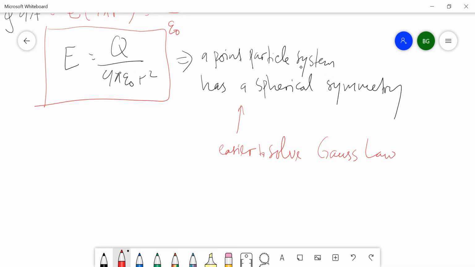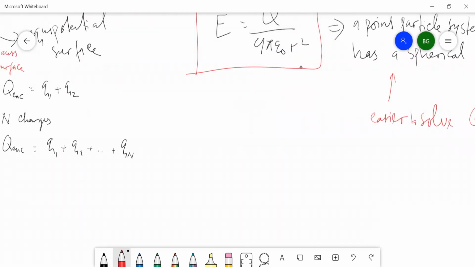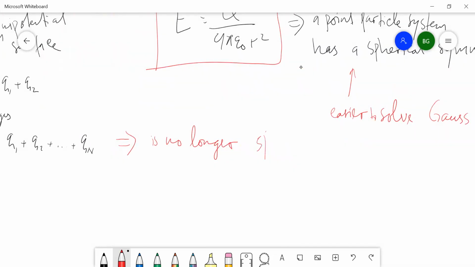What about a many-charge system? So a many-charge system like this, the system is no longer spherically symmetric.